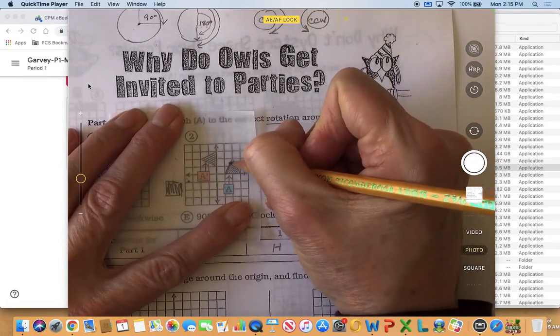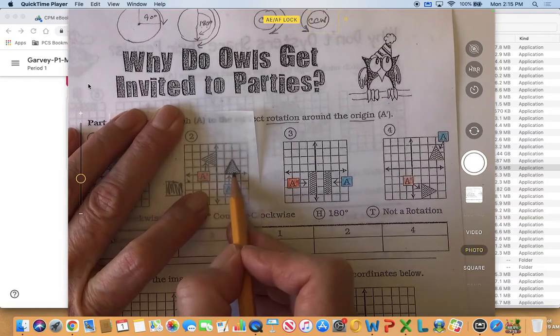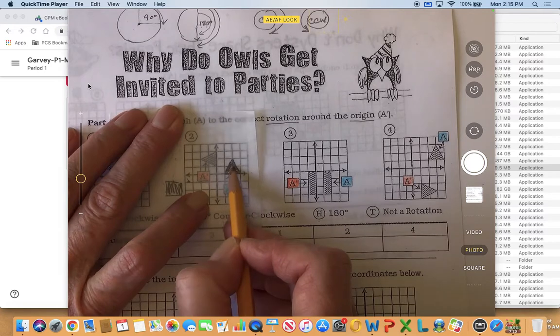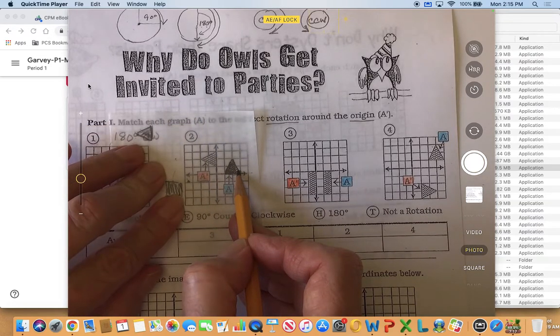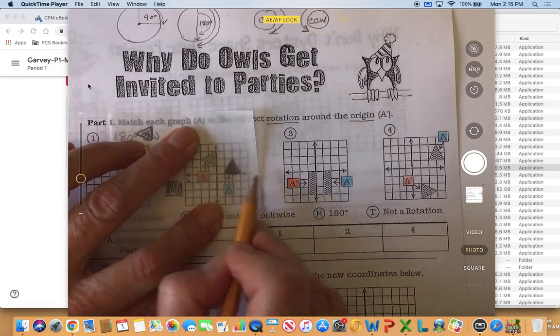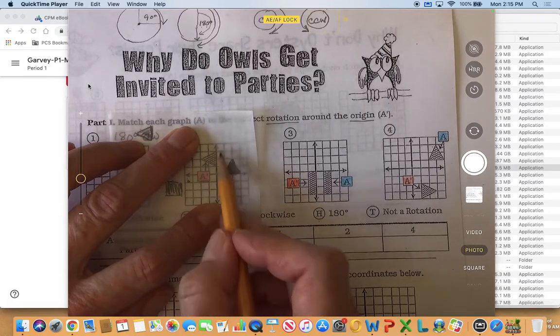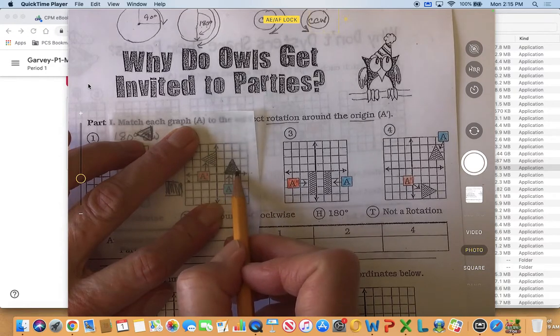Okay, so here's my A. I'm drawing this, and you'll notice this is sitting right up against the x-axis. So that's important to note. When I am rotating a triangle, I look for a line that is either going straight across or straight up and down. So I'm looking at this line, and that's the line because it's going straight across. I'm going to use that one to help me know when I've gone 90 degrees.